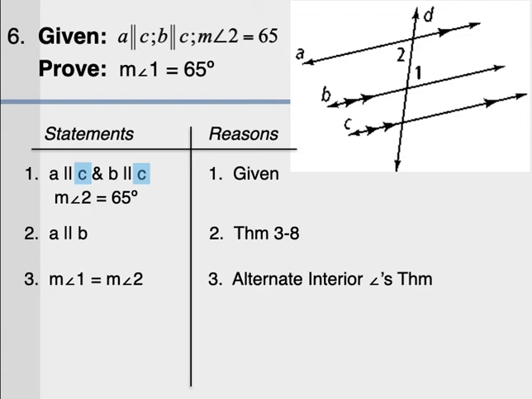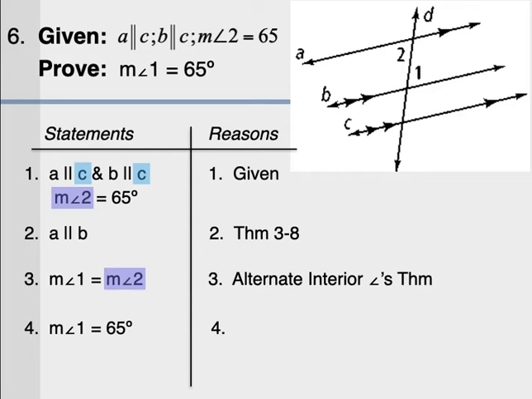So now that we know that the measures of angle 1 and 2 are equal, we're almost done with the proof because our end goal is to just say that the measure of angle 1 is really 65 degrees. And we already know that angle 2 is 65 degrees. If we just said they're equal, now we could just say, well, where measure of angle 2 was in step 3, I can plug in the value I know, measure of angle 2 equals 65.